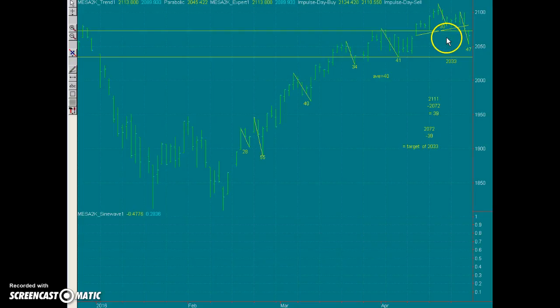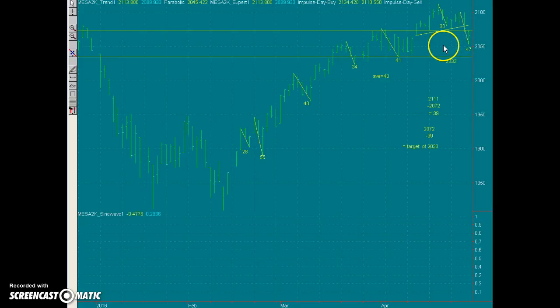What's problematic here is the fact that we can argue that we are now making lower highs and lower lows. If we consider this to be a head and shoulders pattern, this head, this left shoulder, and this right shoulder, I drew the shoulder line and calculated the distance between this point and the middle of the shoulder, just below the head, and projected the target based on that measured move, and the target comes out at 2033.